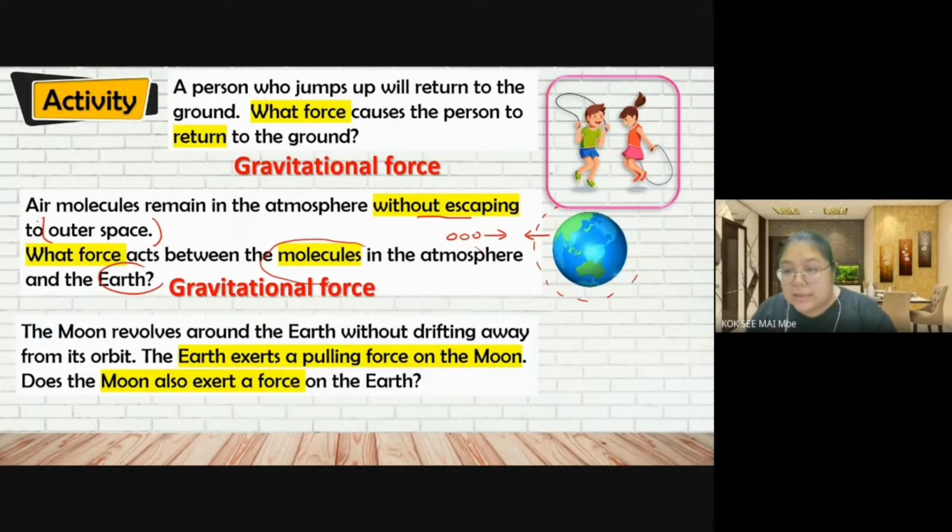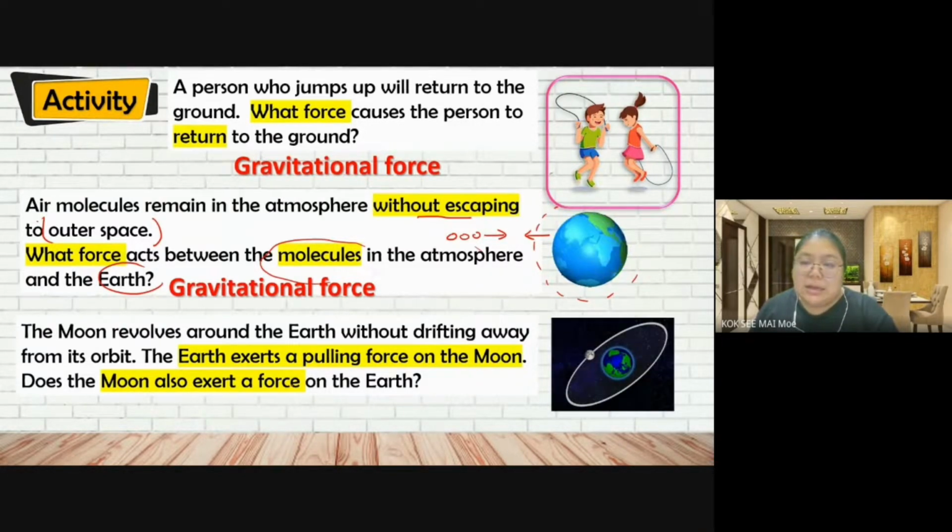The answer is yes. Both sides must have the force. If not, the moon would run from the orbit already. It would run from the track. So both sides have a force pulling each other. Finally, they do not run out from the track. They keep in the same positions.